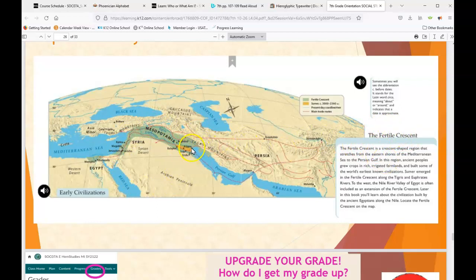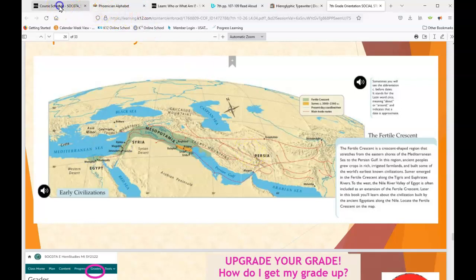This is an area where there is fertile soil, and Egypt is included in that. See how it looks like a crescent roll? So Mesopotamia, part of the Mediterranean, along the Mediterranean Sea and into Egypt, this is all considered the Fertile Crescent, very fertile soil from the Tigris and Euphrates rivers and from the Nile Delta, right? That delta area right there.